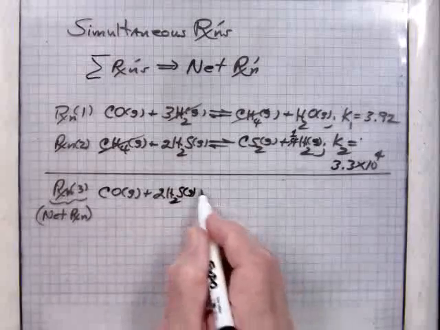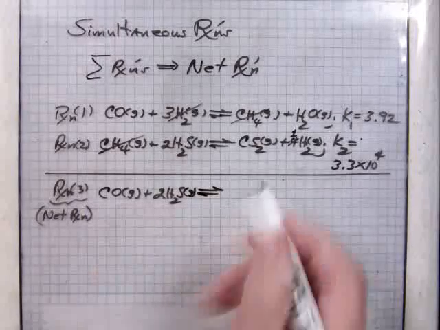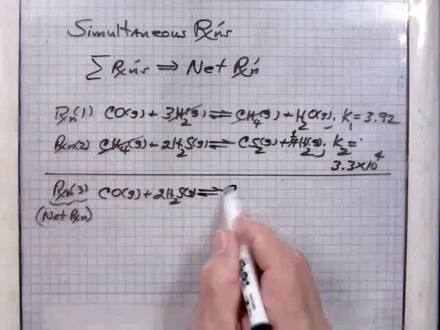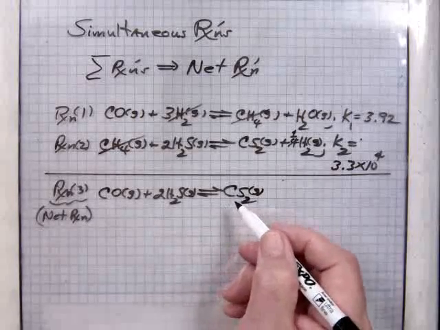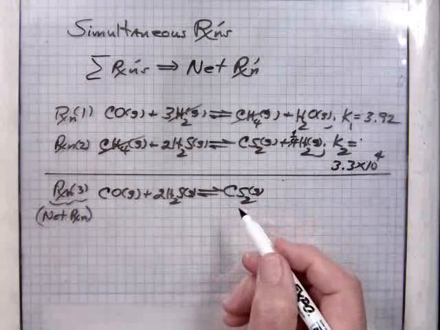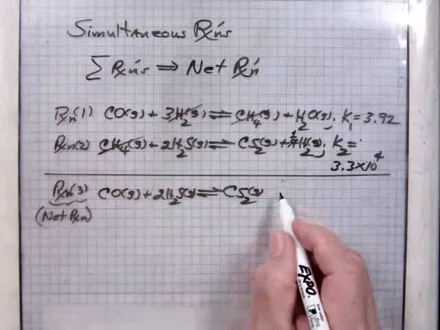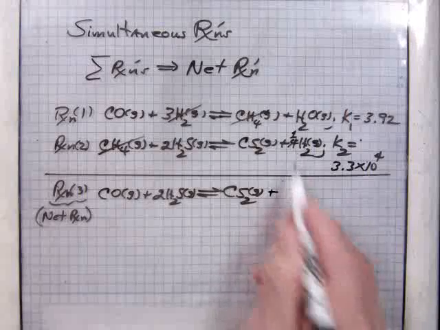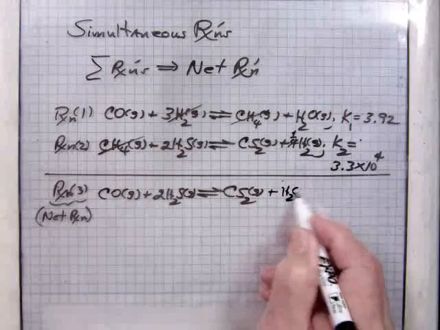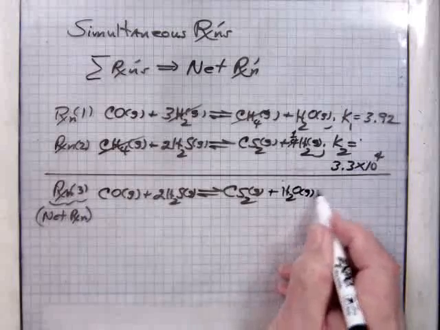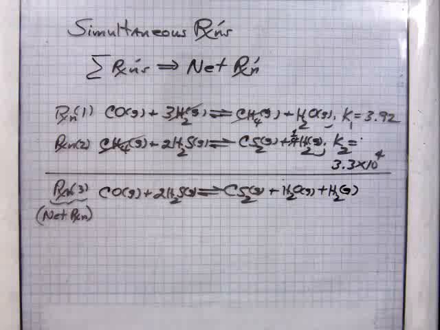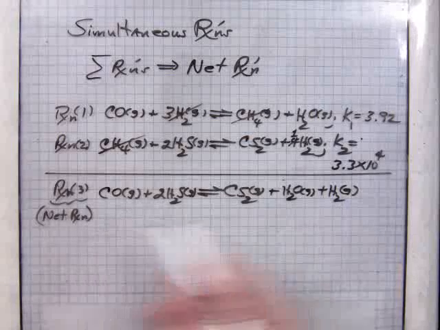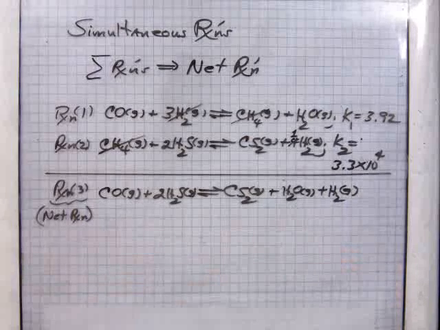And that's converted to carbon disulfide, which is a gas, and that can be easily condensed into liquid phase, and that's used widely in industry for other products. And we have H2O gas plus H2 gas.